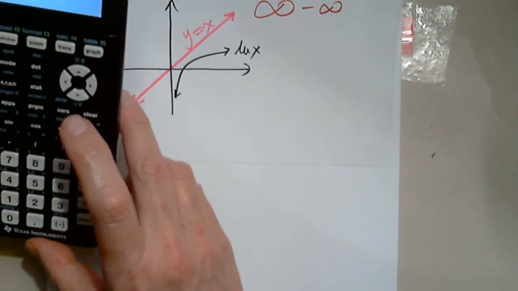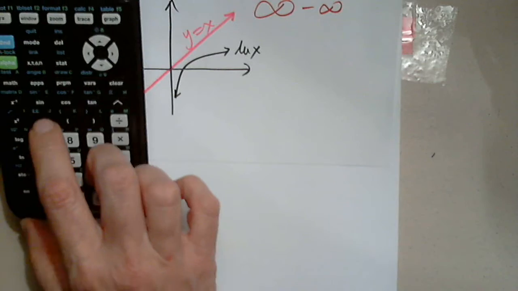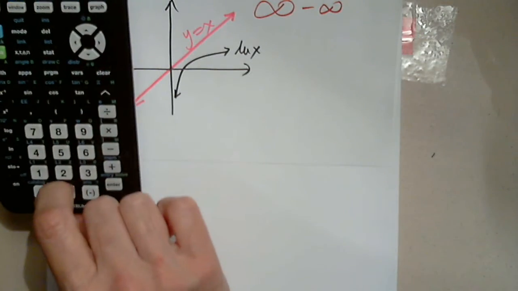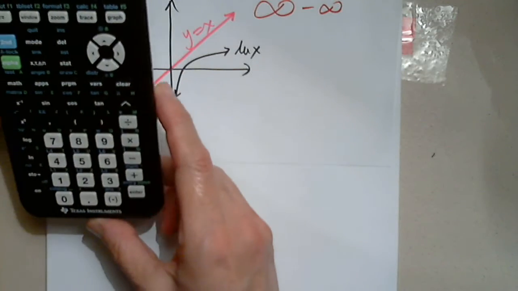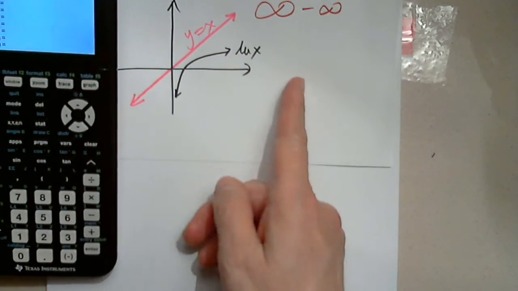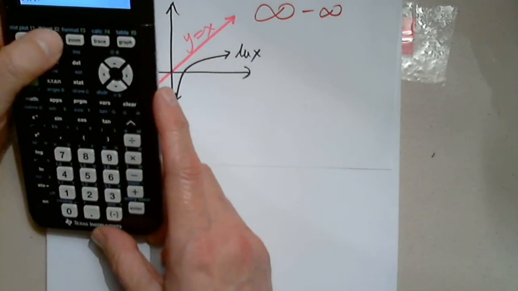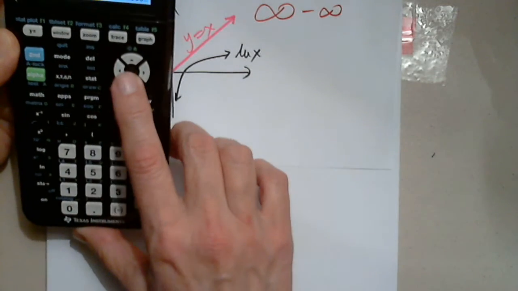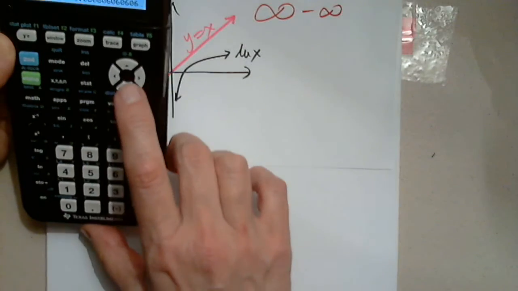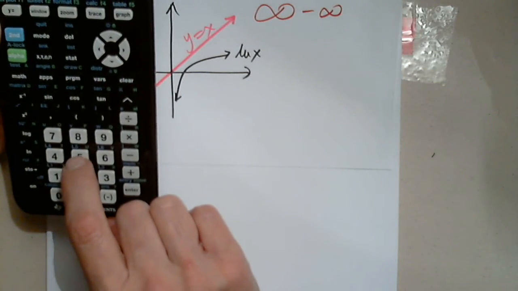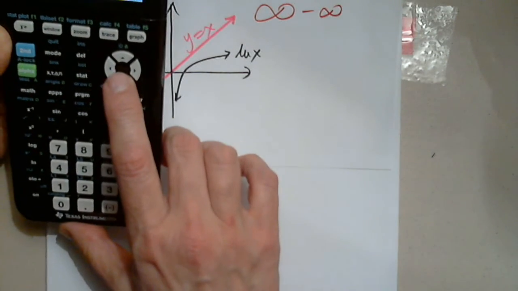We can also do this, x and natural log x. And I'm just going to graph between 0 and something. So 0 to 400 with a scale of 50.